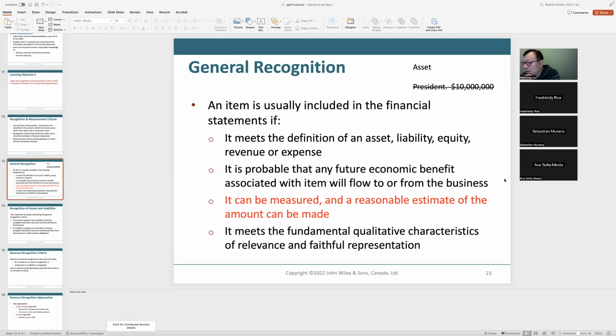The number you said is the cash, the wealth he has. We want to know the value of this person. So we cannot make a reasonable estimate. Therefore, we do not recognize them.